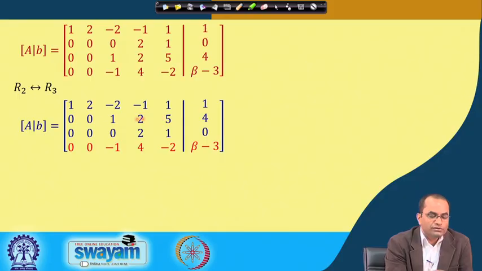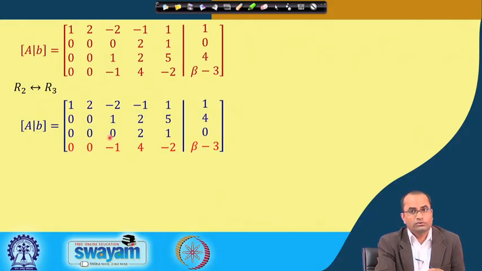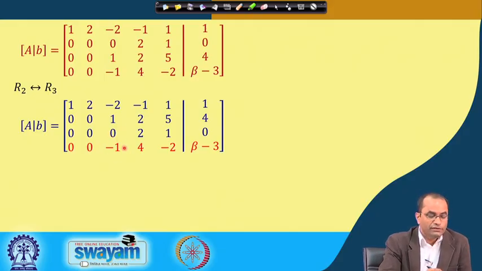With the help of this equation 2, which was equation number 3 before but has now become equation number 2 by this interchange, we will set this element to 0. This is already 0 again, only this we have to set to 0 to eliminate x3 now. x2 is automatically eliminated by the first operation itself, and now we are trying to eliminate x3. So, x3 from this equation is eliminated, that is also automatic, and now we will eliminate this with the help of equation number 2.